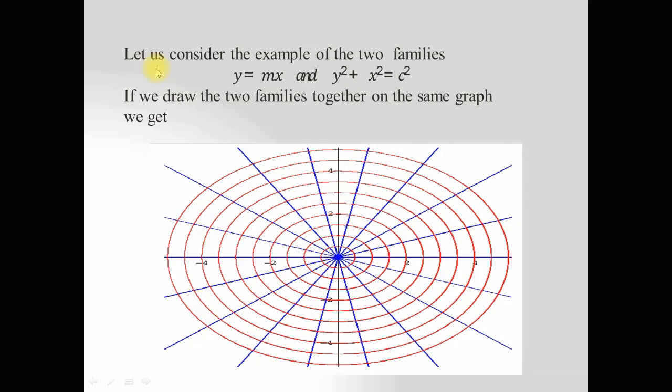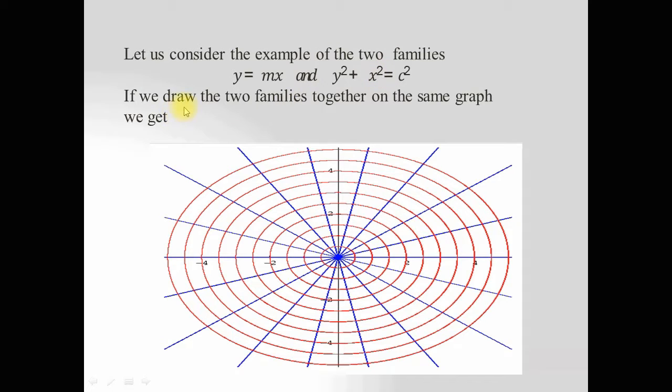So let us consider the example of two families. This is a family of lines, y = mx. This is the equation of lines, so this equation represents a family of lines, and y² + x² = c² is another family of curves.